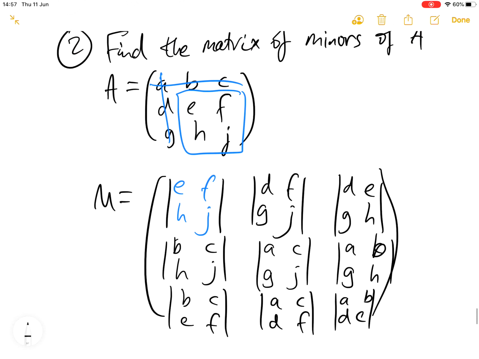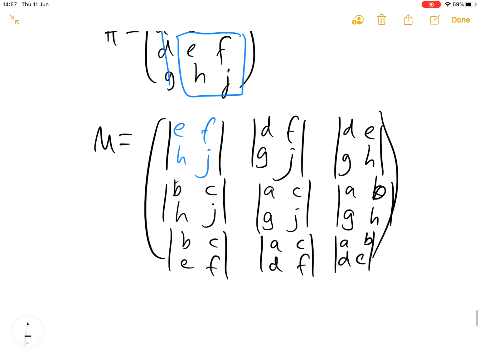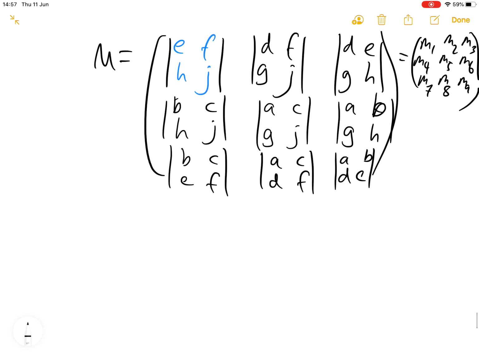Okay, so we have this 3 by 3 matrix of the 9 minors, which I'm now going to use different notation for, that's just going to be easier. If I rename these M1 up to M9, that will make things easier for us now.